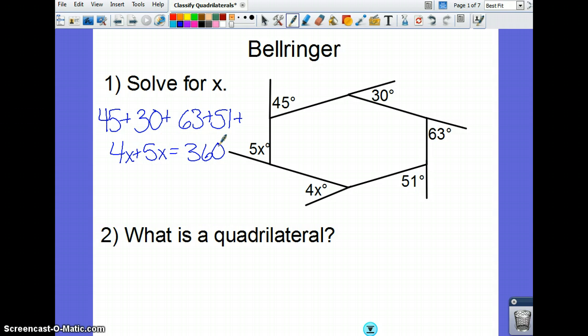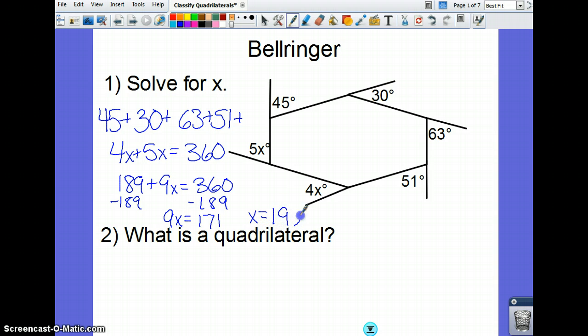If I combine my like terms, 45 plus 30, 63, 51, I get 189 plus 9x equals 360. Subtract the 189 from each side. This gives me 9x equals 171. So x is going to equal 19.